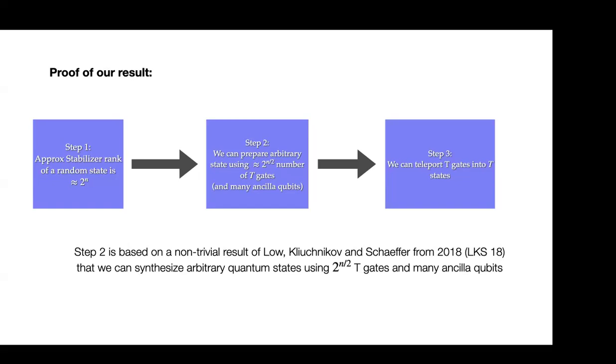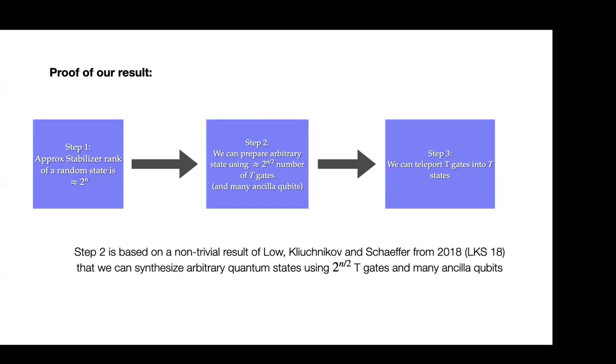And it's important because T-gates are exactly the gates that matter to us. Naively, you would expect that you need 2 to the n number of T-gates, but this, I would say, surprising result of LKS from 2018 shows us that you can get a quadratic improvement. And this is indeed one of the core elements of the proof in our result also.